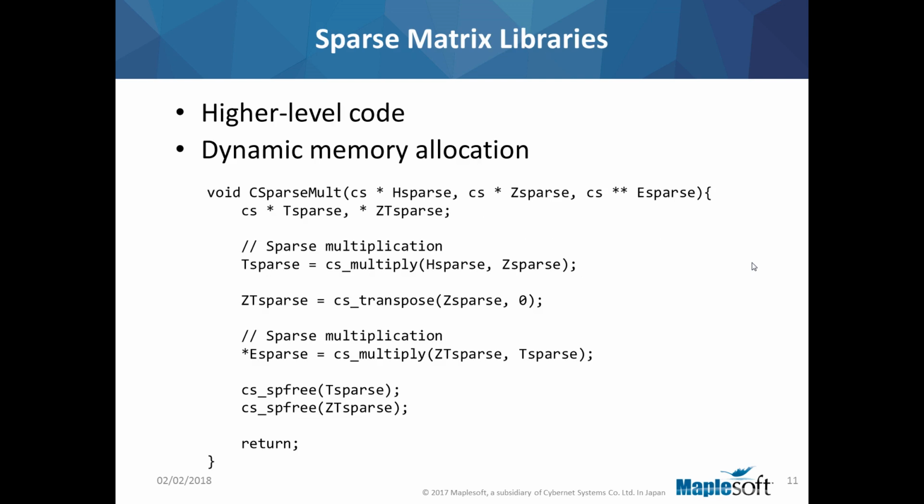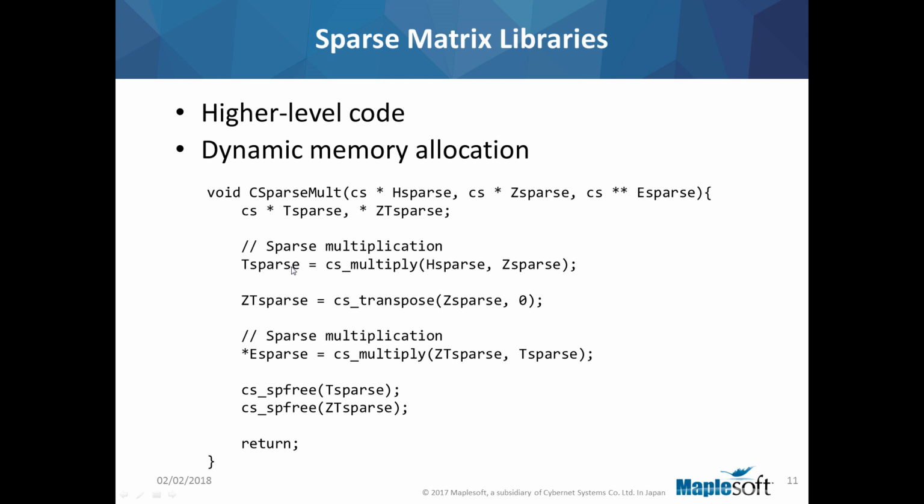The sparse matrix libraries allow you to write some higher level code, but they start using dynamic memory allocation. I'm just showing the multiplication as done using the Sparse library, but the Eigen implementation is very similar. You get these nice high level functions that you're calling, in this case Sparse multiply, and you give it two matrices and you get your results back.